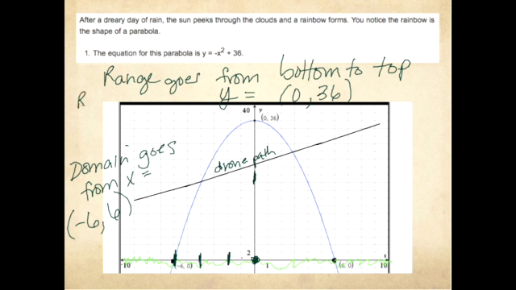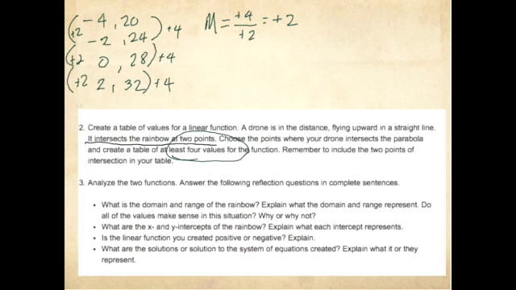And some people write it out in words. They'll go like, range is from Y equals 0 to Y equals 36. Some people will write it out that way, and that's fine for purposes of this assignment, to just write it out and go with it like that.